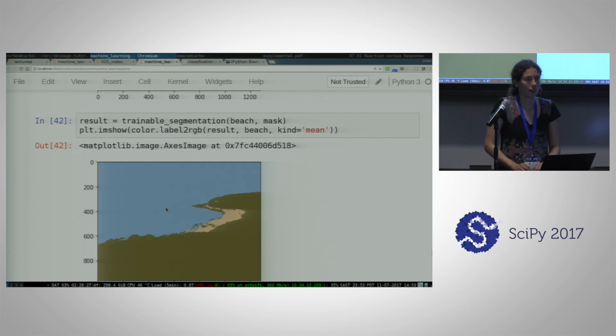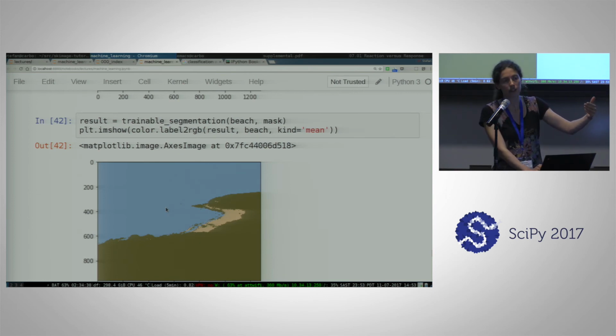These are software packages that have plugins to perform this kind of trainable segmentation, where you can brush over some parts of the image, and from these labeled pixels, the algorithm will use them as a training set and afterwards use a random forest classification. You can do this with scikit-image too, which is pretty cool.